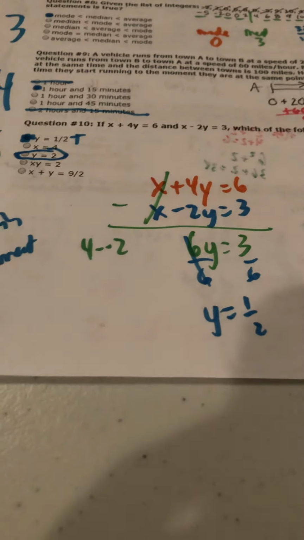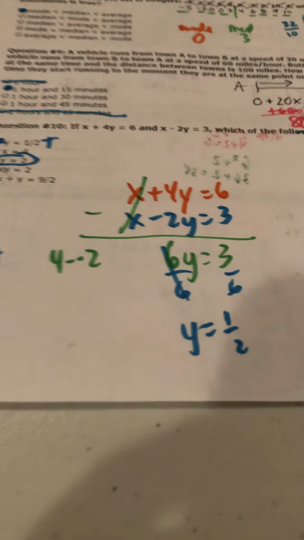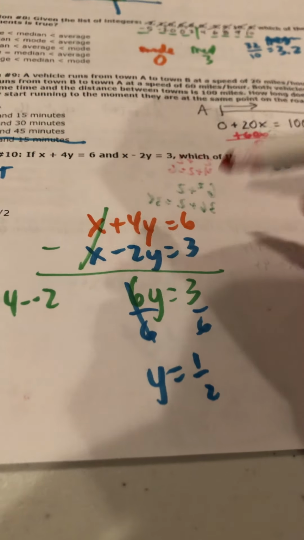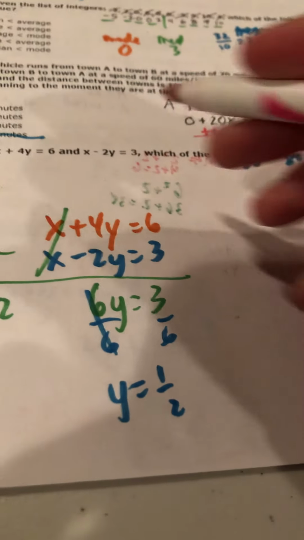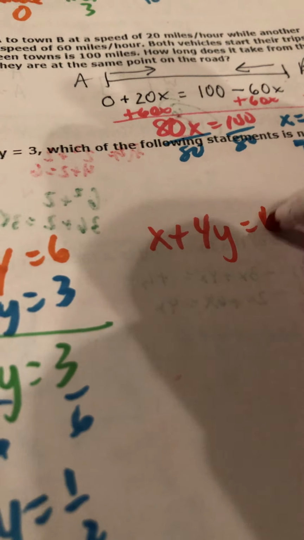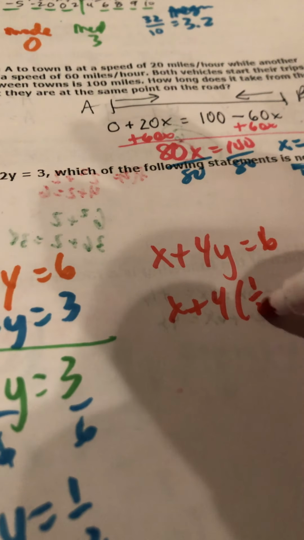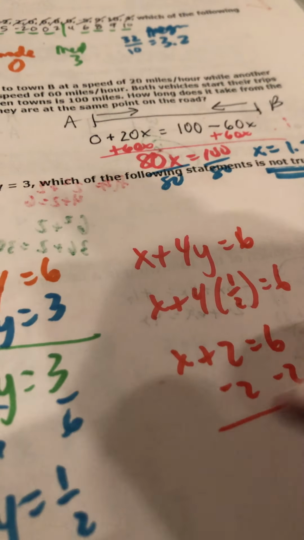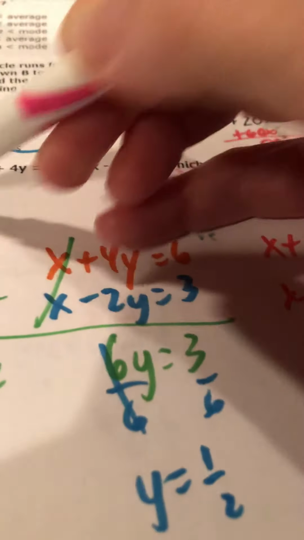But let's go ahead and prove why the rest of them are true. If I were to put in that 1/2 into y, it doesn't really matter. We'll do the positive one though. So if I put in x plus 4 times 1/2, half of 4 is 2, x plus 2 is 6, and so x is 4. That one's also true.